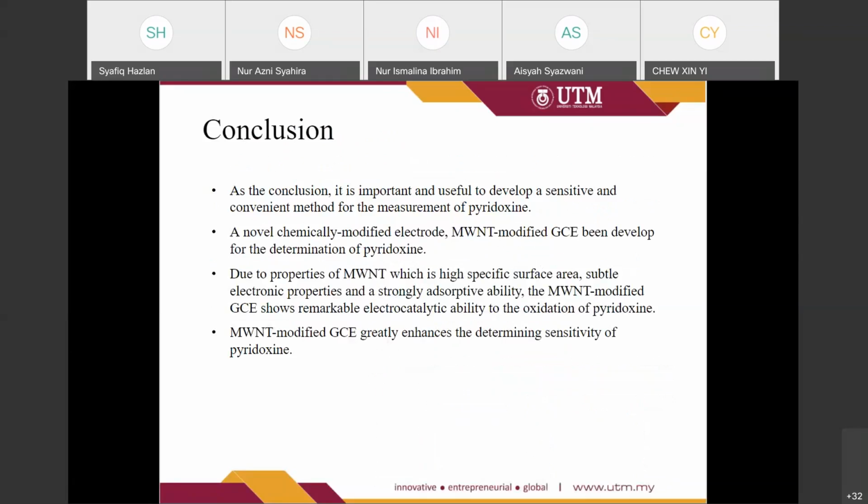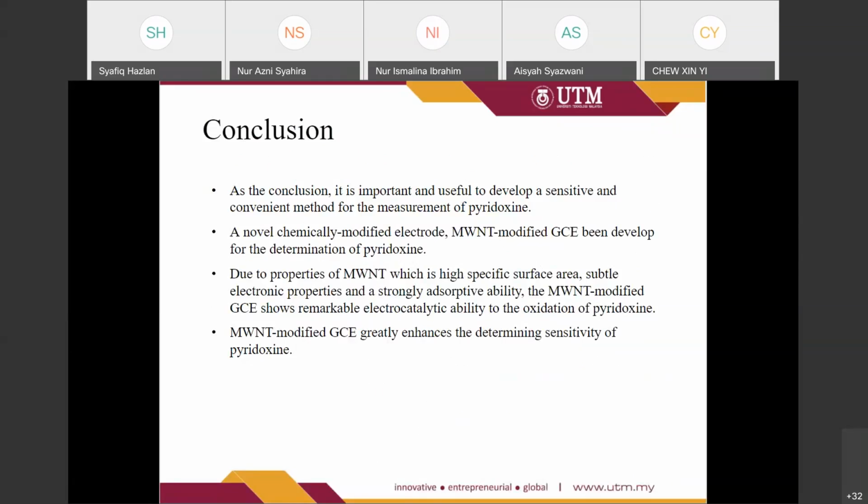So for this, as the conclusion, it is important and useful to develop a sensitive and convenient method for the measurement of pyridoxine, a novel chemically modified electrode, MWNT modified GCE, being developed for the determination of pyridoxine.